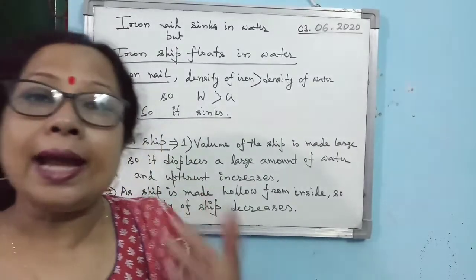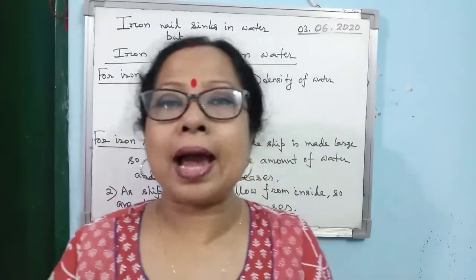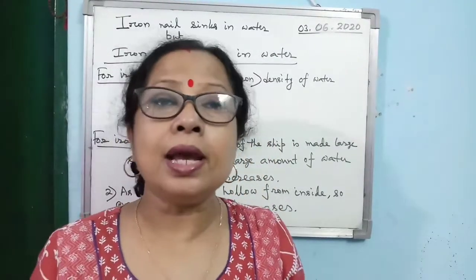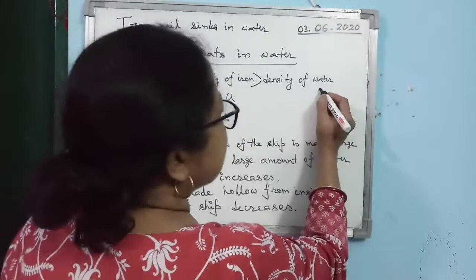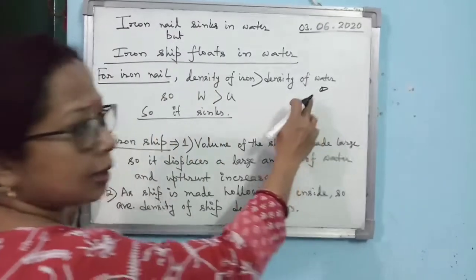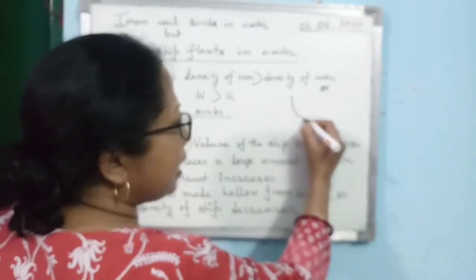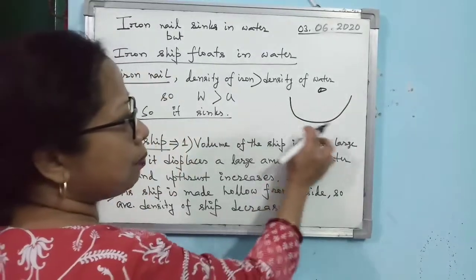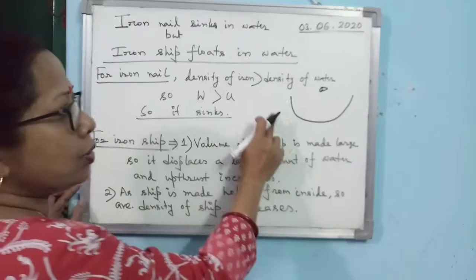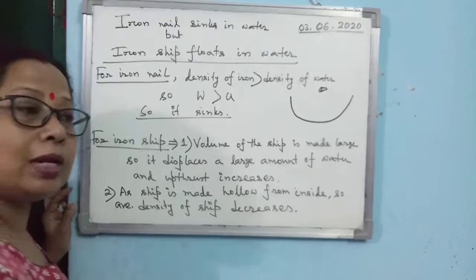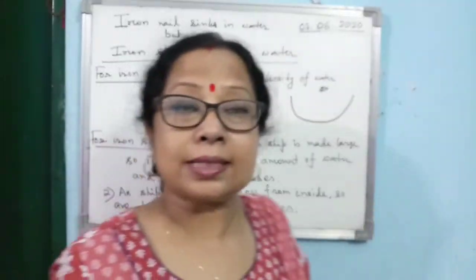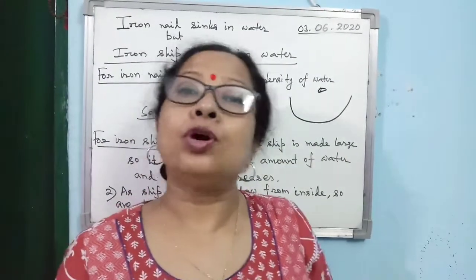Now for the iron ship, you have seen the iron ship. It is made of iron, but it is made very large in volume. If you draw it, the iron nail is like this, whereas the iron ship is very big and the shape is like this. As the volume is very big, it will displace a large amount of water.